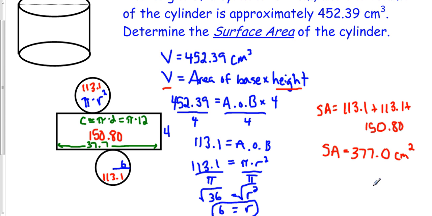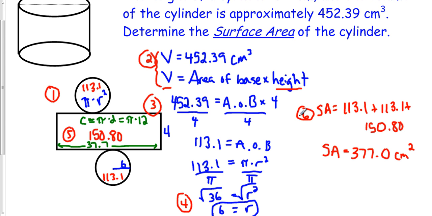Just to summarize, the first thing we did was draw the net. Then we wrote down the volume and the volume formula. Then we plugged stuff into the volume formula, we worked backward, figured out the radius, and once we knew the radius, we could figure out the lateral area, and then we added them all together and got our surface area.